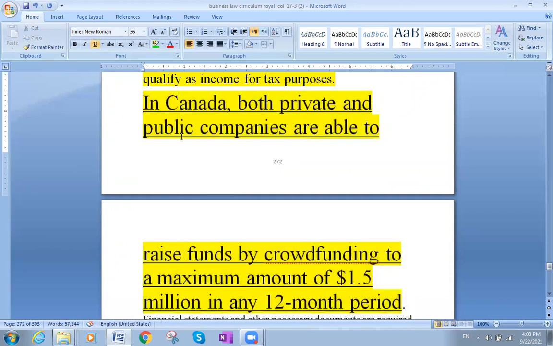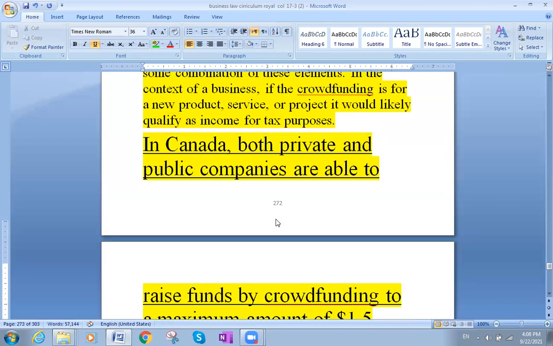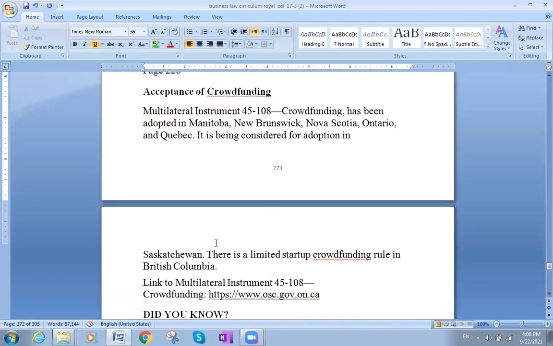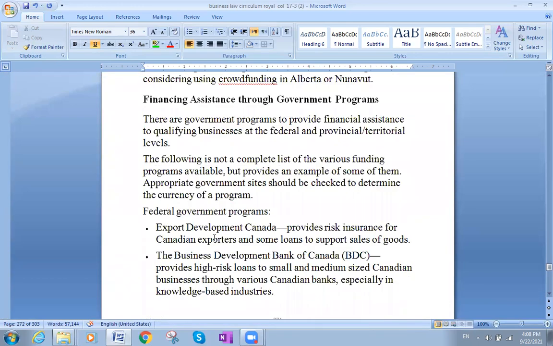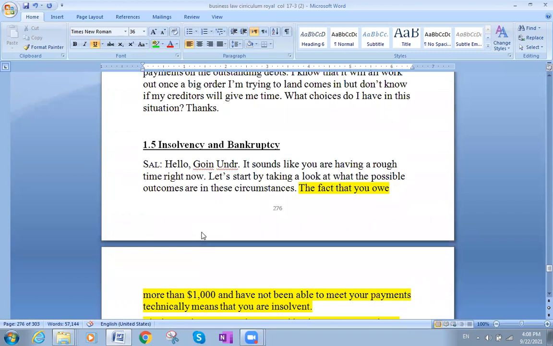Both private and public companies can raise funds by crowdfunding up to $1.5 million in any 12-month period. So you can use crowdfunding to raise your capital up to $1.5 million within 12 months of business. This we call crowdfunding. That's about the regular provinces and crowdfunding.